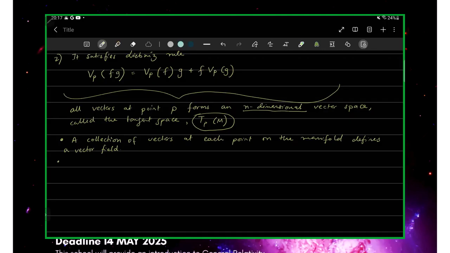And the set of all tangent spaces of the manifold, not just at P but everywhere on the manifold, is called a tangent bundle, which we denote as T.